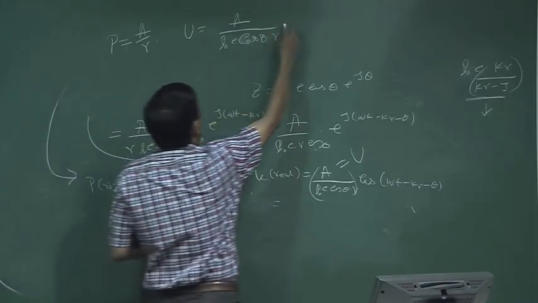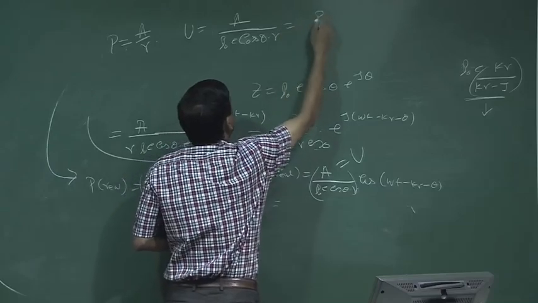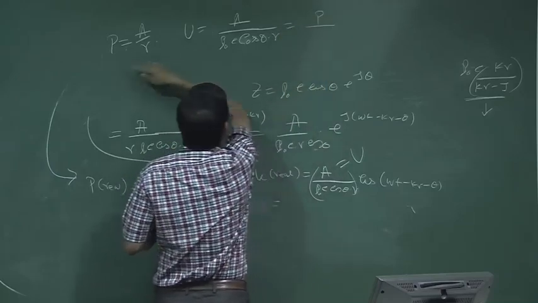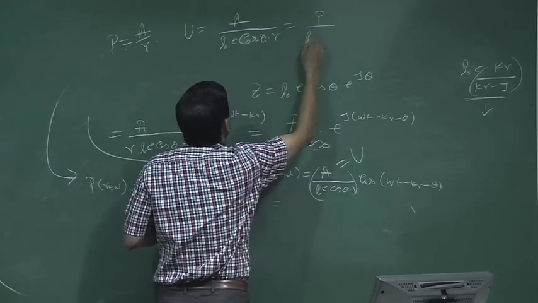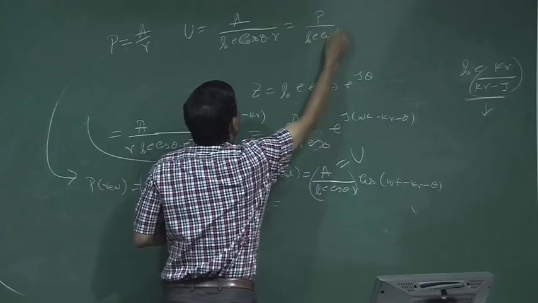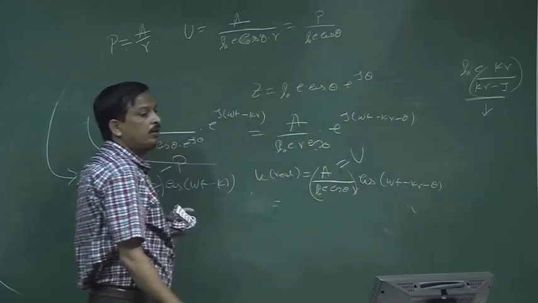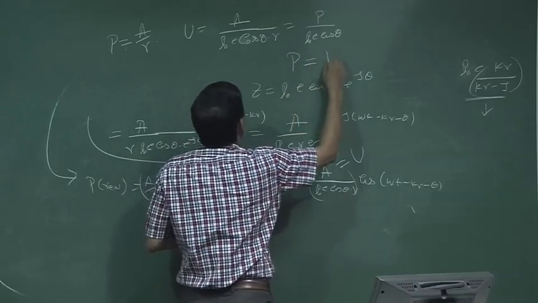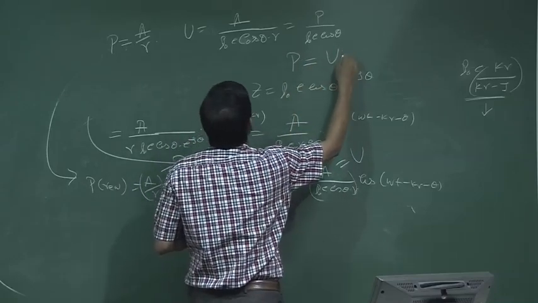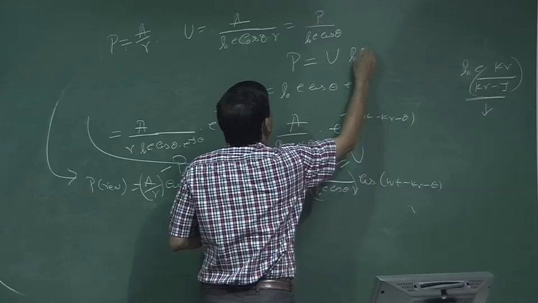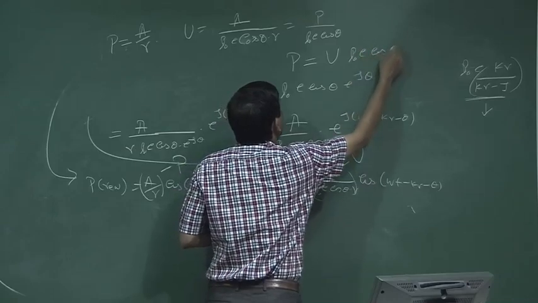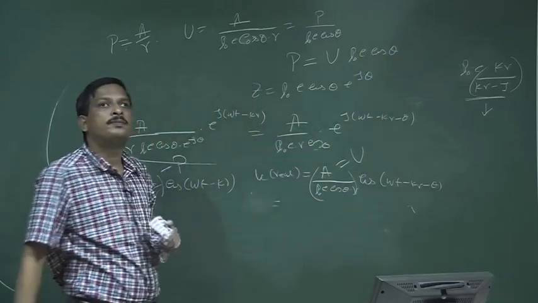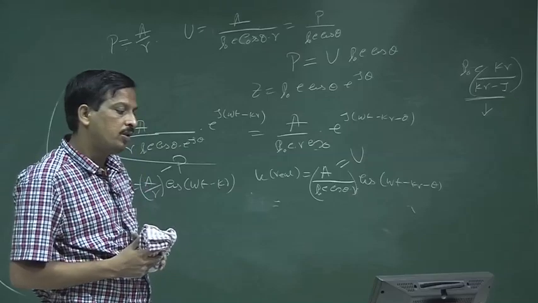So, A by R is nothing but capital P by rho 0 c cos theta, R is not there. So, I can write capital P is nothing but capital U into rho 0 c cos theta.